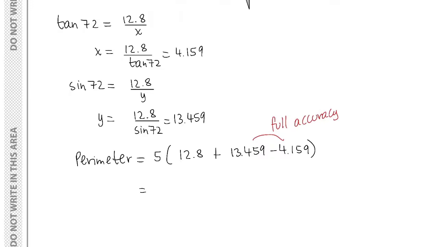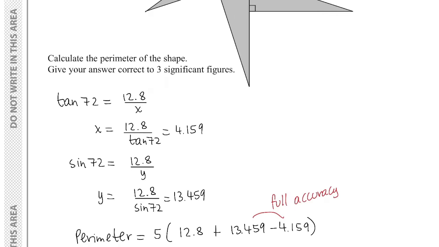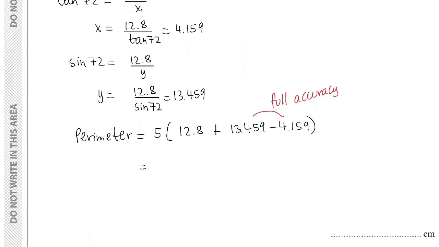So if I plug everything on the calculator times by 5, I get 110.5. I think they're asking for an answer correct to 3SF, so I'll be 110.